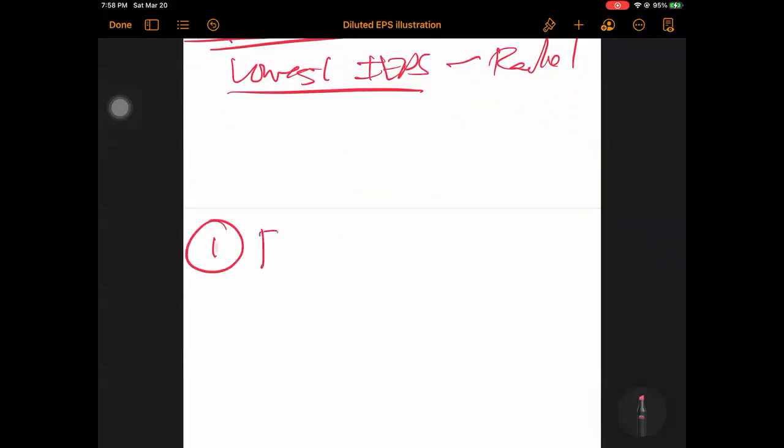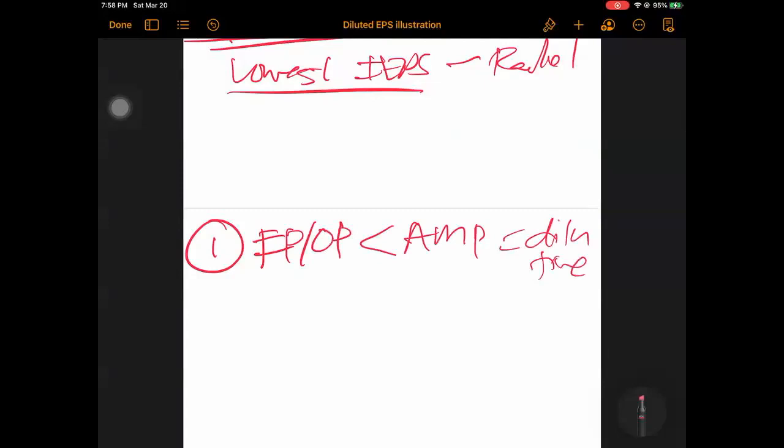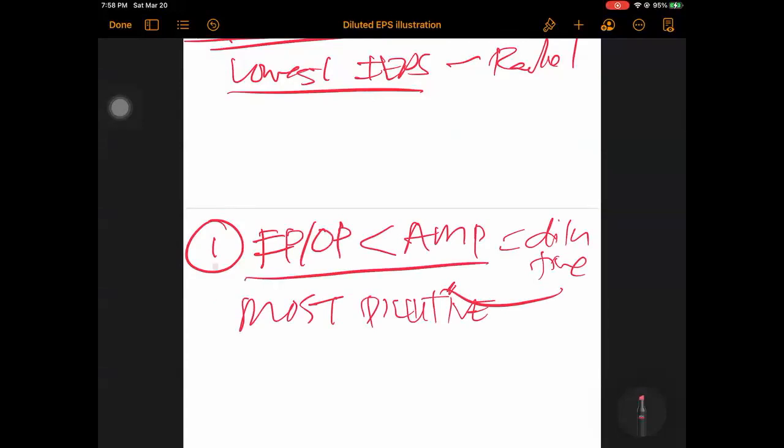if your exercise price or your option price is lower than your average market price, your option is considered as dilutive. And this is the most dilutive among all the potential diluters. So, if mo qualify guys as dilutive na, number 1 na ginayang rank.